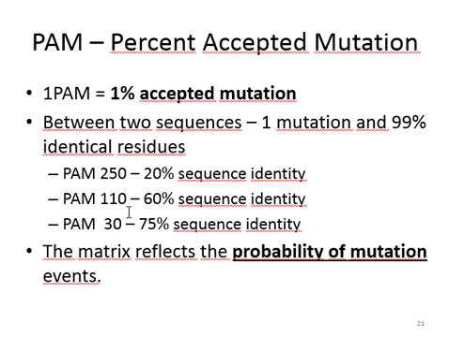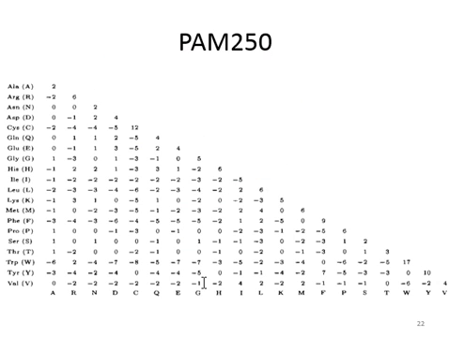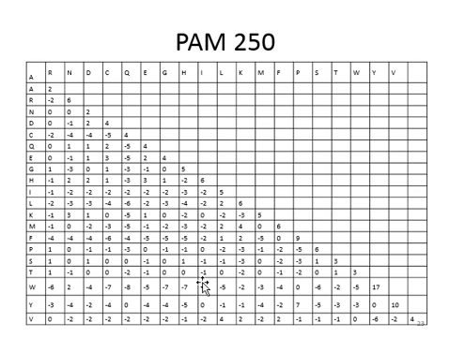Higher identity corresponds to a lower index of PAM matrix. Later, after the PAM matrix was developed, you have several different ones according to the proteins analyzed and the level of identity, and you have different ways to present them.